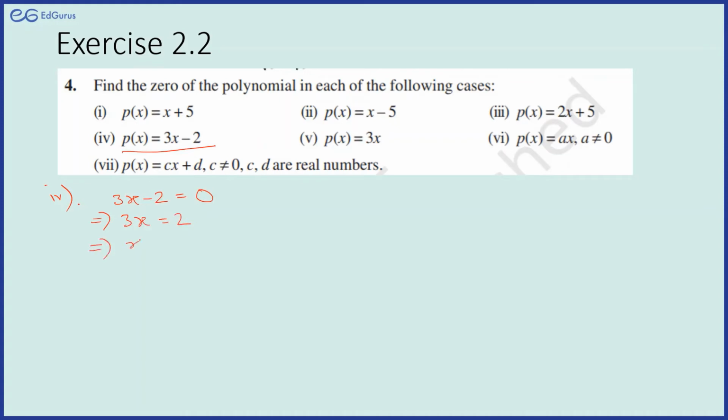So x is equal to क्या हुआ? 2/3. Very good. So 0 of this polynomial is 2/3. Right? So this is your 0 of p of x. Okay? Any other example? You want any other question part that you want to try?